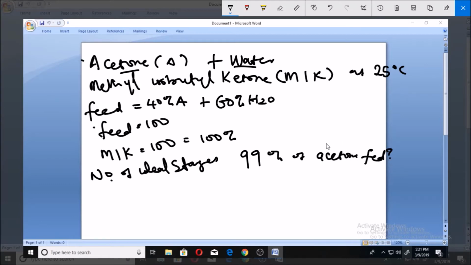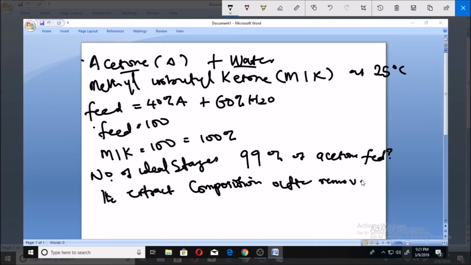In some cases, you can also be asked about the extract composition after removal of solvent. So this is what we are going to be solving. Let's get started immediately.